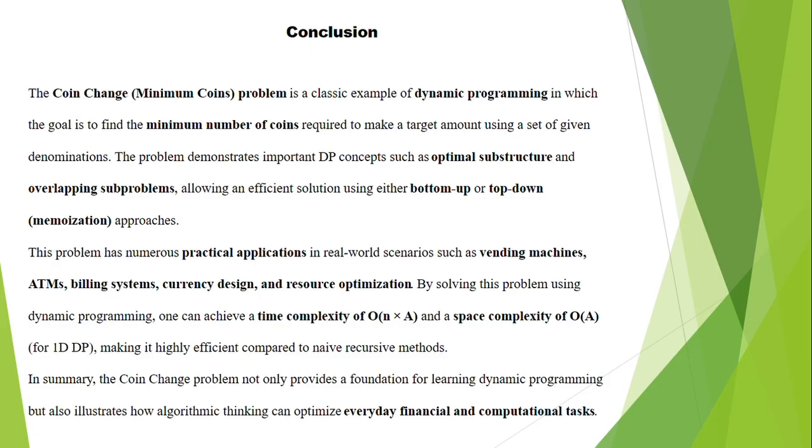By solving this problem using dynamic programming, one can achieve a time complexity of order of n times A and a space complexity of order of A. In short, the coin change problem not only provides a foundation for learning dynamic programming but also illustrates how algorithmic thinking can optimize everyday problems.